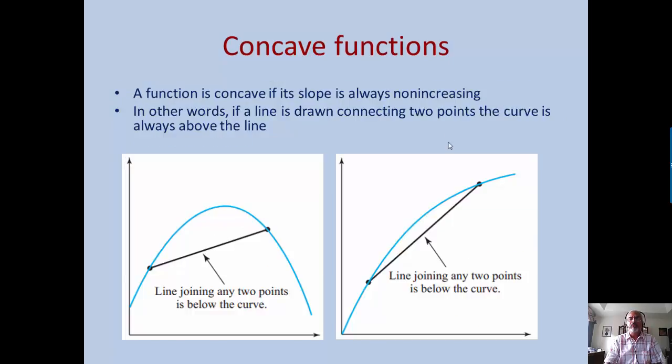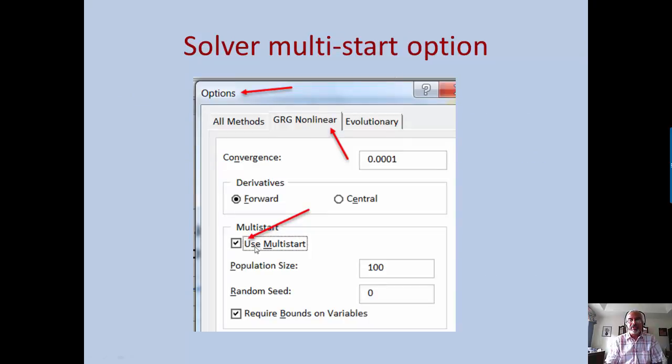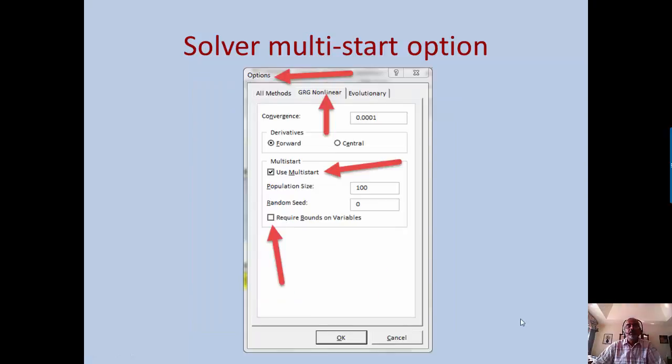Now, Solver offers you a way of trying many different possible starting points. When we go to GRG nonlinear, we can use the multi-start option so that Solver itself will try many different starting points. So our confidence that we have reached the global optimum is increased.